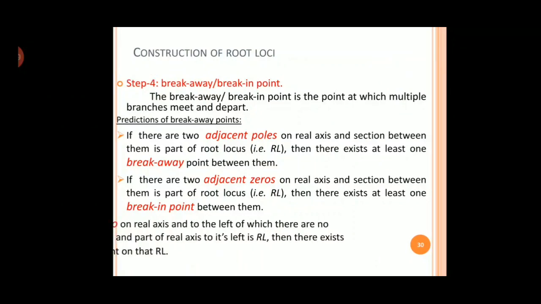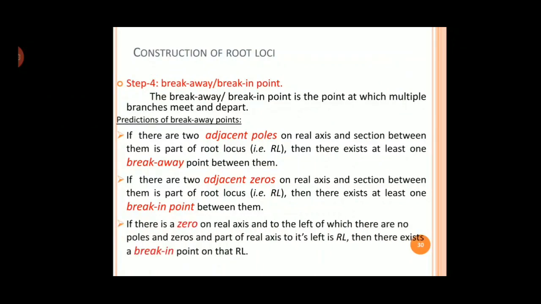Next, if there is a 0 on the real axis and to the left of which there are no poles or zeros, and the part of the real axis on its left is RL, then there exists a break-in point on that RL. To understand this better, suppose this is a real axis.